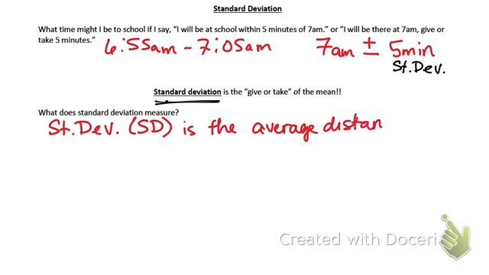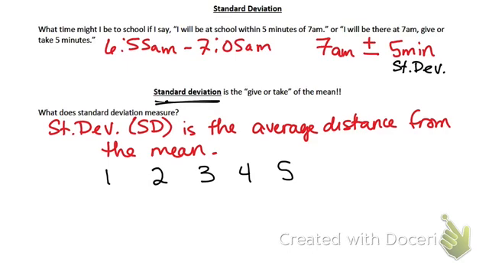Standard deviation is the average distance from the mean. Here is an example of the lazy person's way to do standard deviation. It's pretty close, and it helps you to understand what it is.